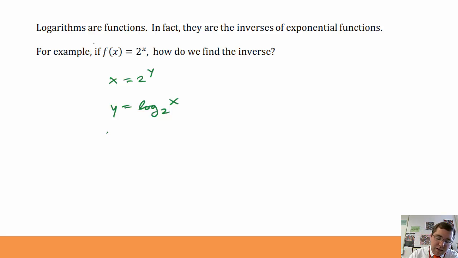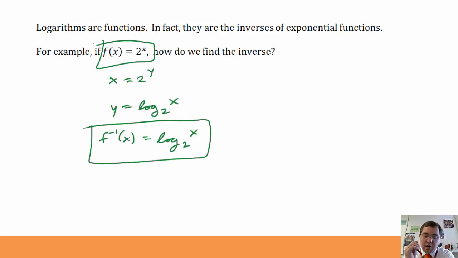So the inverse function, f inverse of x, must be the log base 2 of x. So if f of x is 2 to the x, f inverse is the log base 2 of x. So every exponential function has an inverse, and that inverse is a logarithmic function. And every logarithmic function has an inverse, and that inverse is an exponential function. We can go backwards.